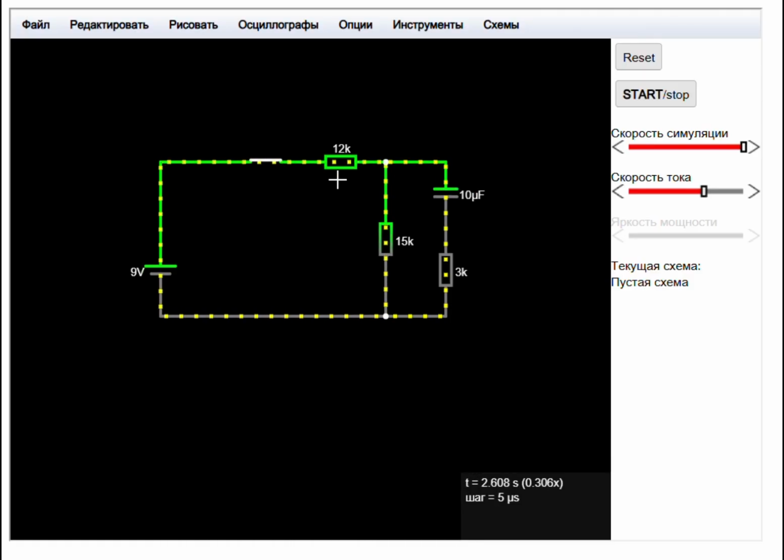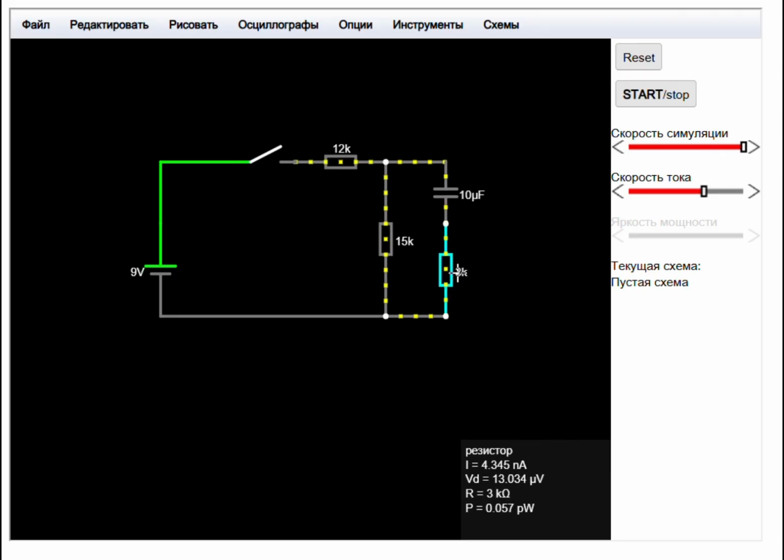When I open the key and press the reset button, I see the time and the voltage.